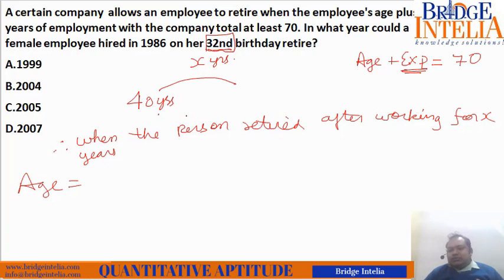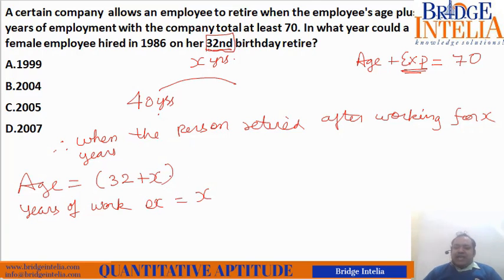And his years of experience, years of work, is X. For how many years did he work in that company? X years. So as per the company's policy, the sum of these two numbers must be equal to 70.